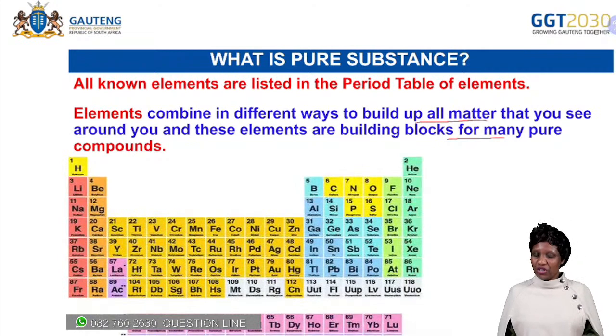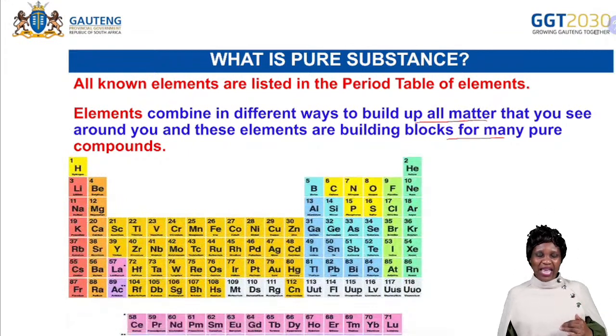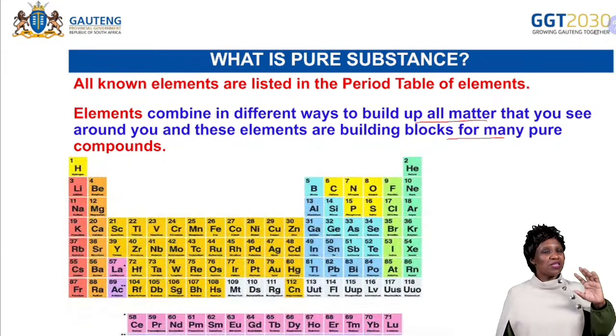This is the periodic table of elements. It has got all the known elements. As we discover some more, we add them. And they've been arranged in a scientific manner. There's a classification system that has been used there. Remember, on the left-hand side, we've got the what? We've got the metals.